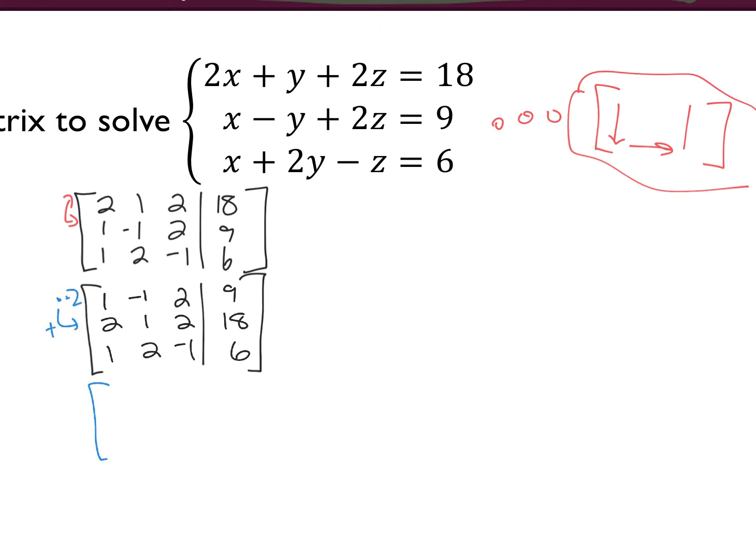So the only row that's changing is row 2. If it were me, I would write everything except row 2 before I get going.